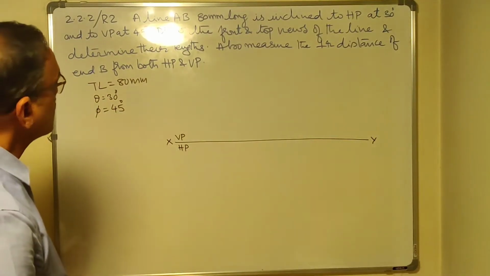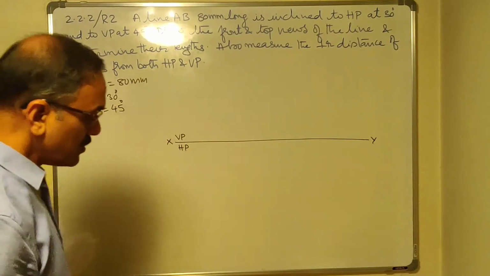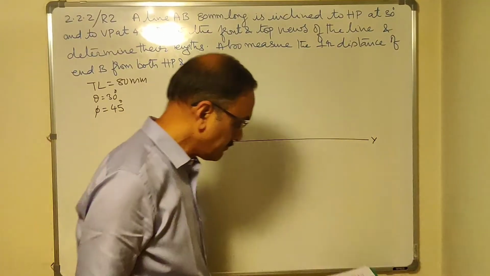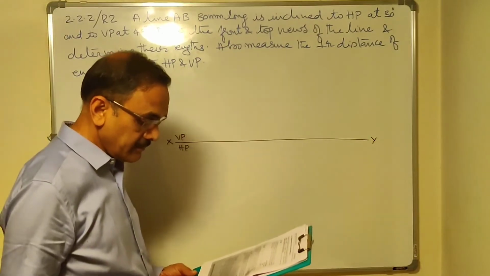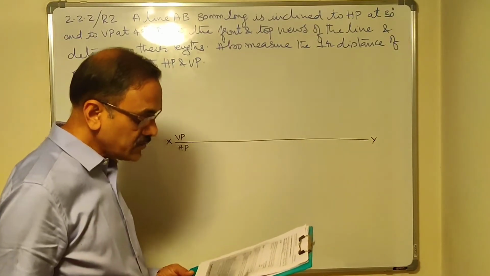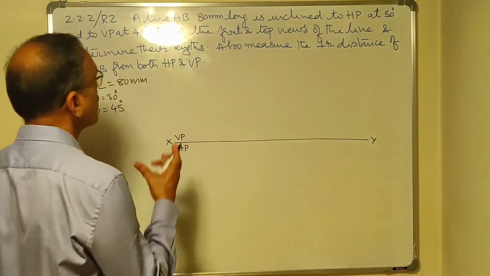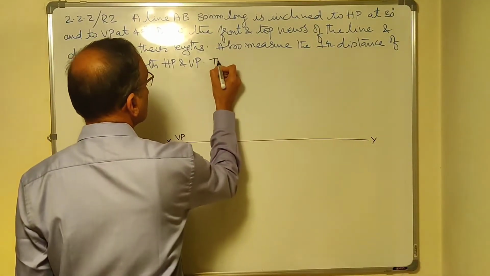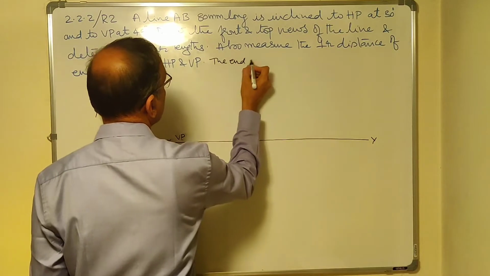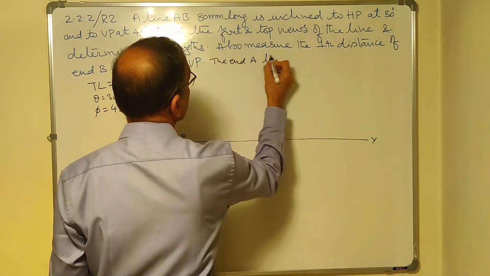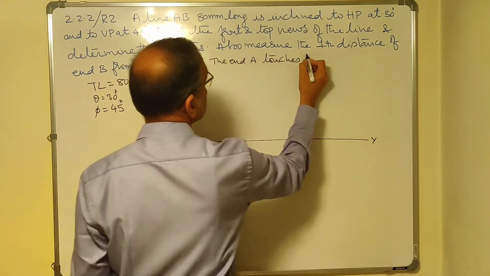Some data is missing here. At least one of the ends position should be given. The end A touches both HP and VP. That is also there, so I didn't add it.